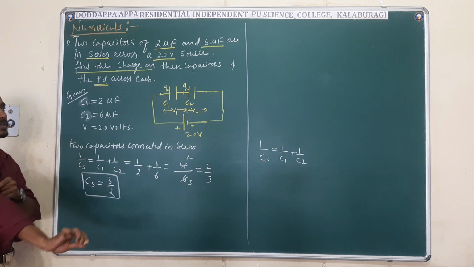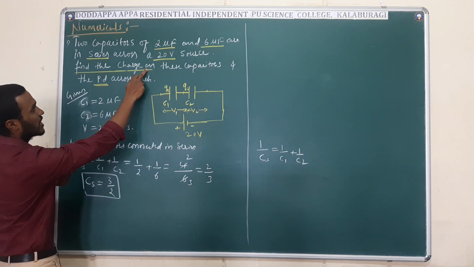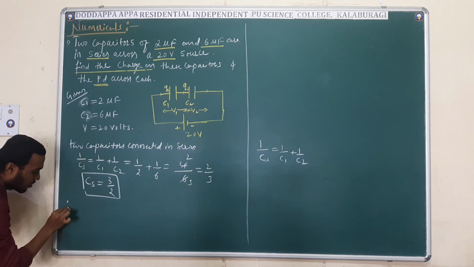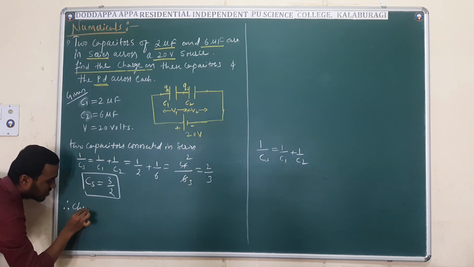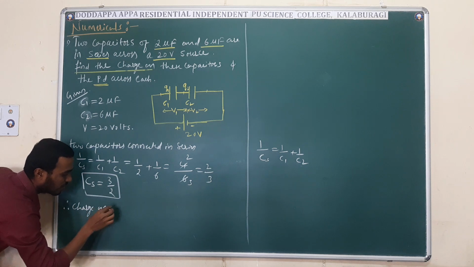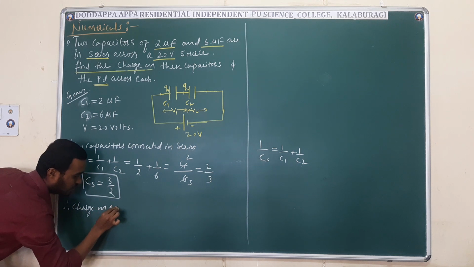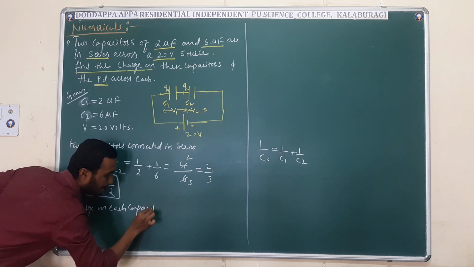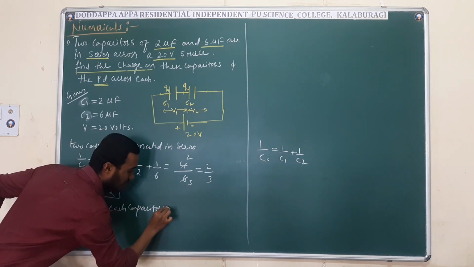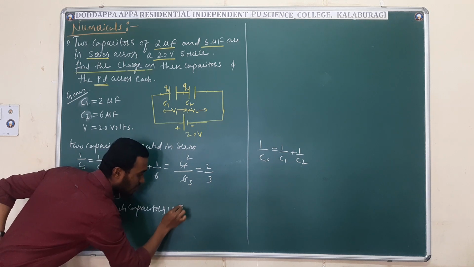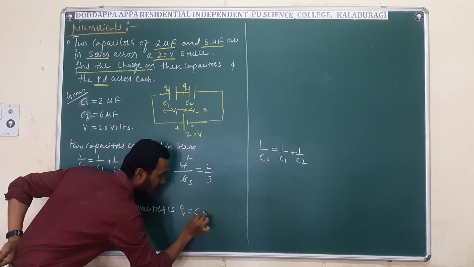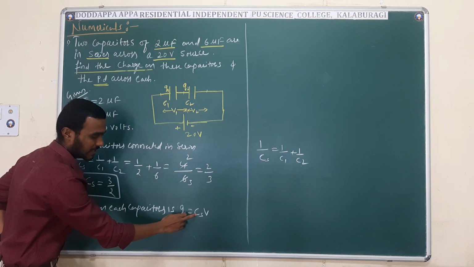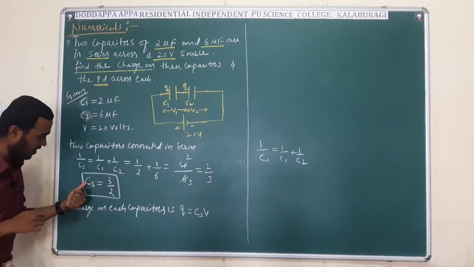I got this value, and our aim is to find the charge on the capacitor. So the charge on each capacitor is Q is equal to Cs into V, where S means capacitors connected in series.